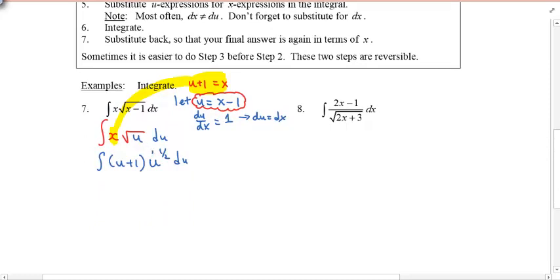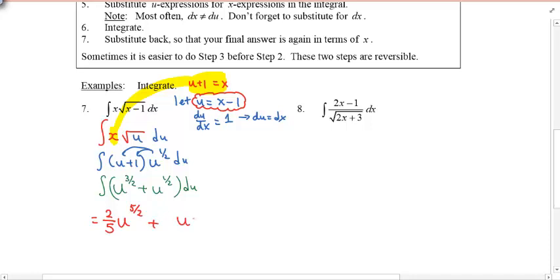And then I can just expand this out. The integral of u times u to the 1/2, that's u to the 3/2, plus 1 times u to the 1/2, that's u to the 1/2, du. And then now I can just use the regular anti-differentiation techniques by taking the antiderivative of u to the 3/2, add 1 to the exponent would be 5/2, divide by 5/2, which is the same thing as multiplying by 2/5.